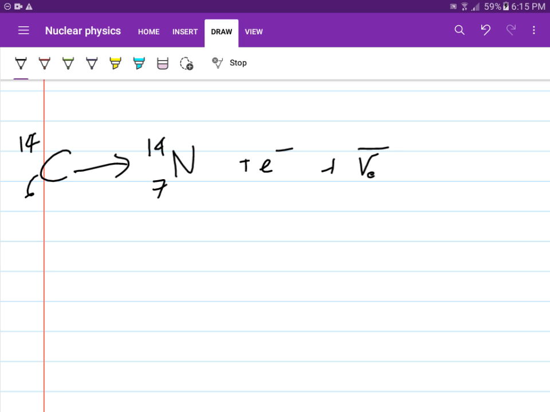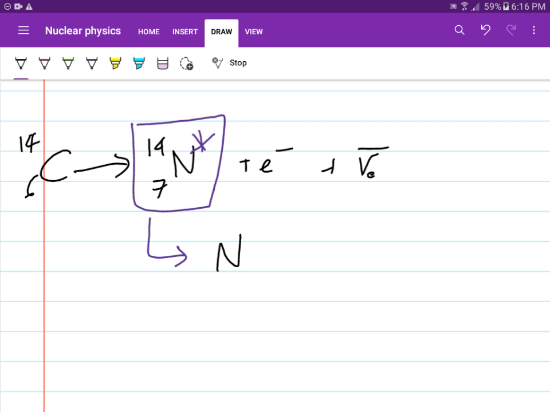So this is beta minus decay. We haven't discussed in beta decay that this nitrogen nucleus is actually excited. So this nitrogen nucleus will further undergo another decay, which is the gamma decay.